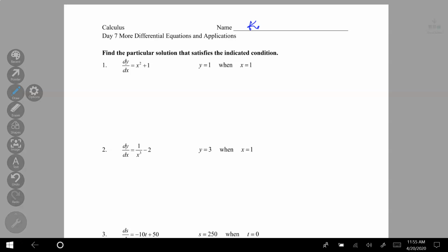So here's my key. The idea of finding a particular solution means we have to do antiderivatives. I've given a derivative, dy over dx, or a rate of change, and I have to undo it to find the original problem.